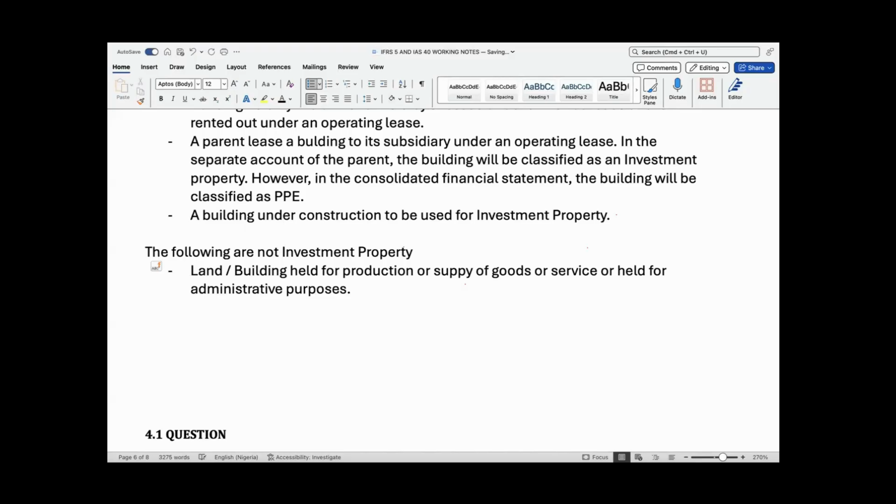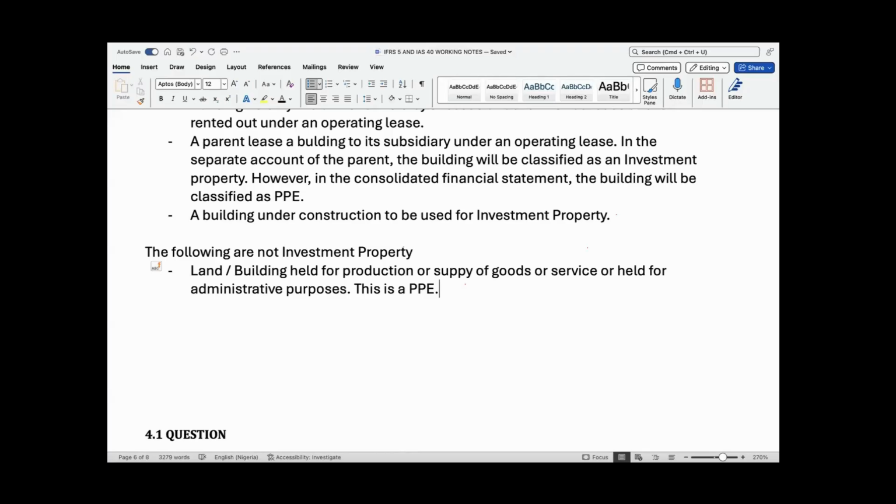This is PPE. So don't get it mixed up. Land or building that you are holding for production or supply of goods or services or held for administrative purposes is PPE. It's not investment property.